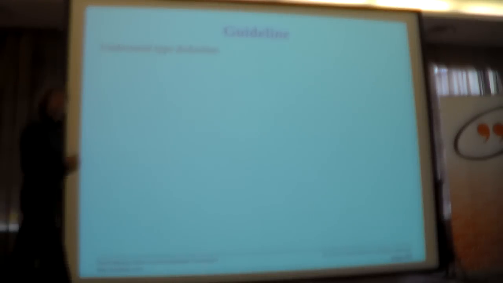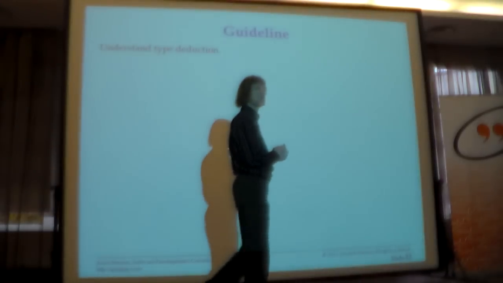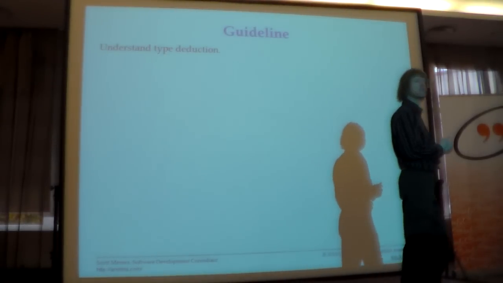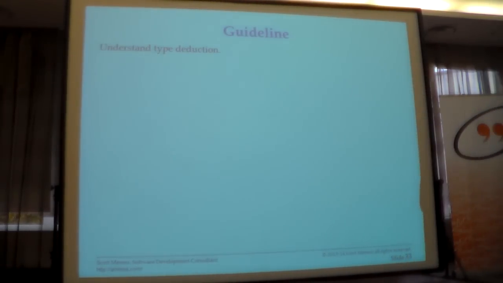Any questions about type deduction before we move on to more interesting topics? Yeah. Regarding style, when to use auto and when not. Some would argue that if everybody is using auto, then we have to document strictly, otherwise nobody can see from the code which type is used.